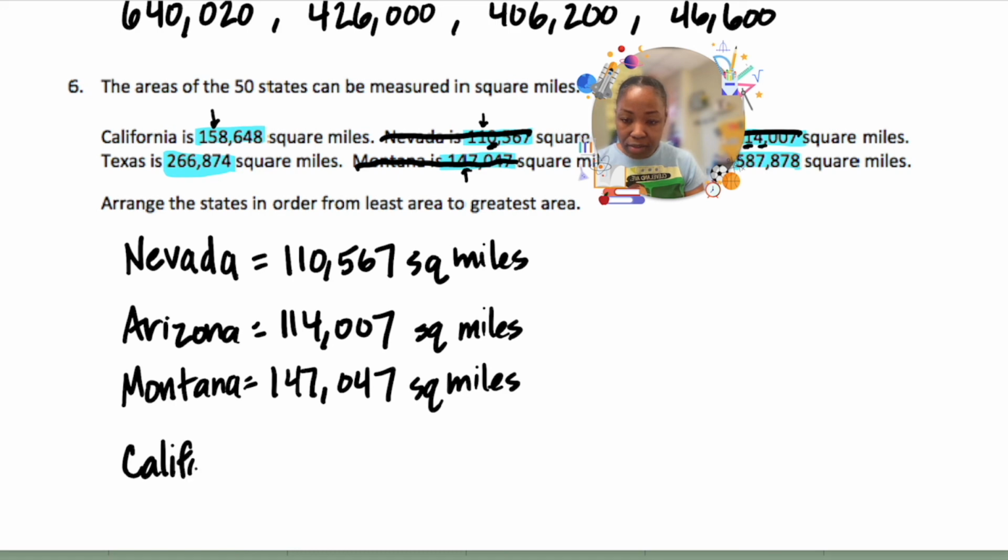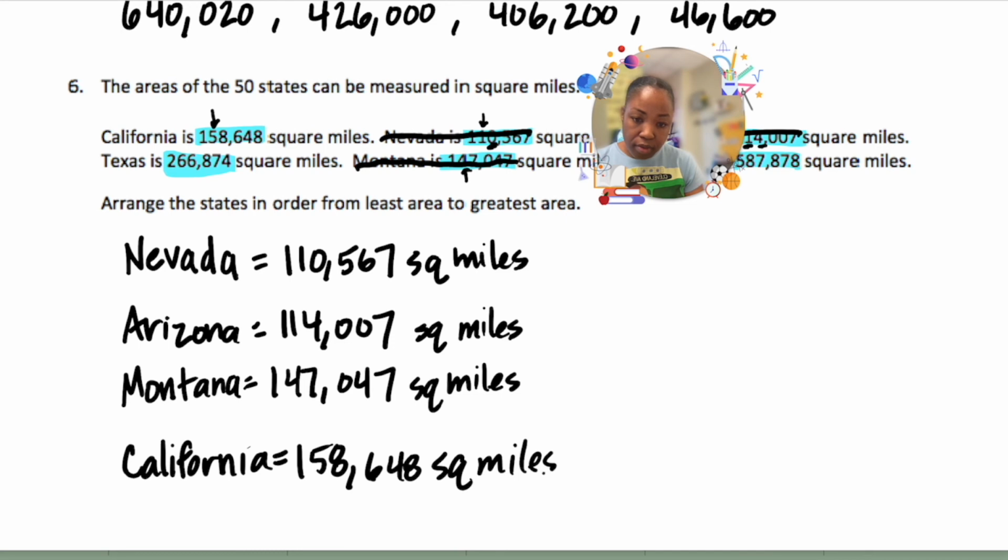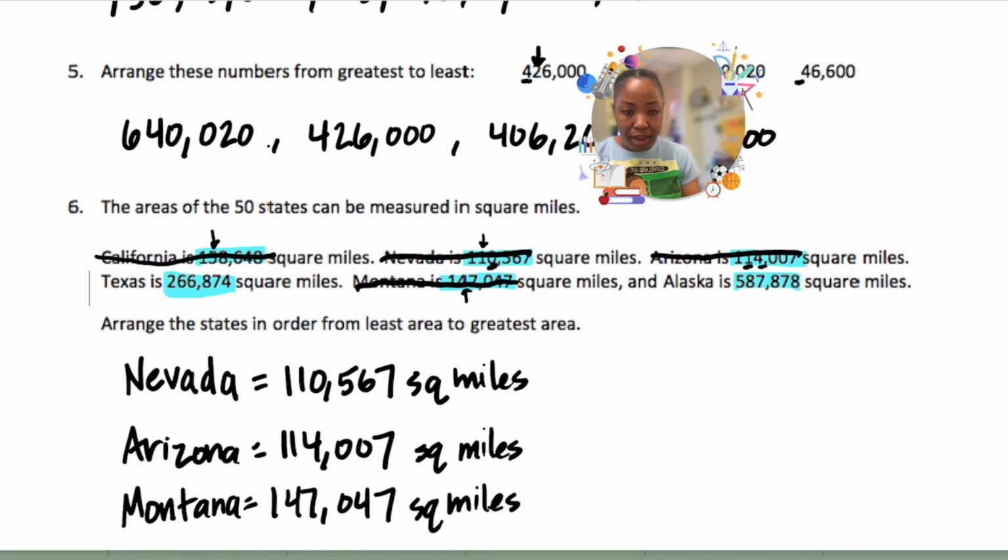But 5 is bigger than 4, so next would be the 5 10,000s. All right, so we got California. I like to cross it off so that I know I got that. It kind of shows me better what I have left.